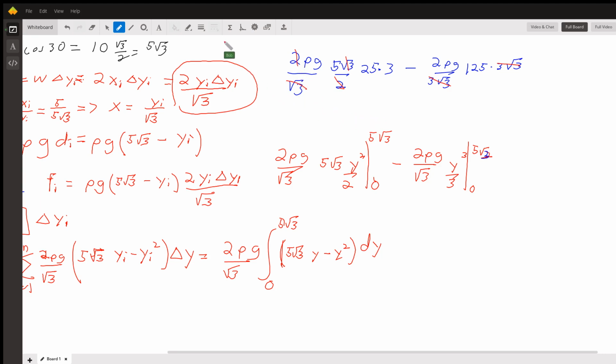And so for the first term we will have 5 times 25, which is 75, times 3, which is 375 rho g, minus 2 times 125, which is just 250 rho g. So the answer comes down to 375 rho g minus 250 rho g, which is simply 125 rho g.